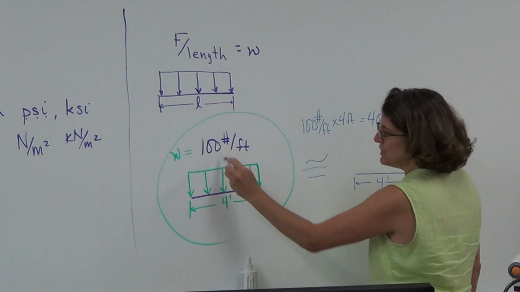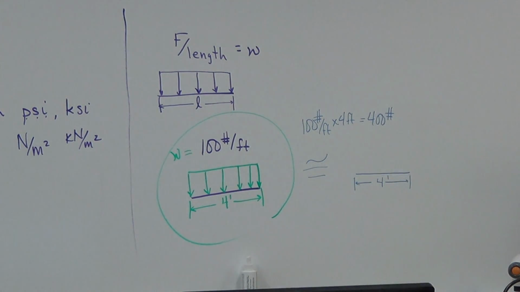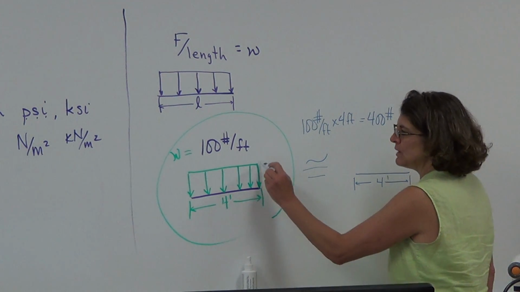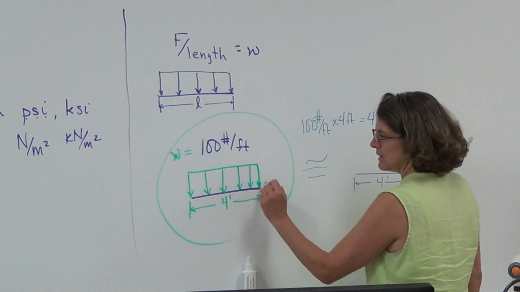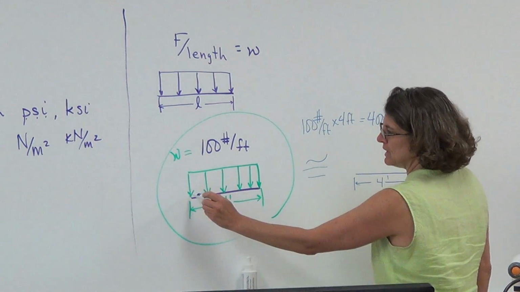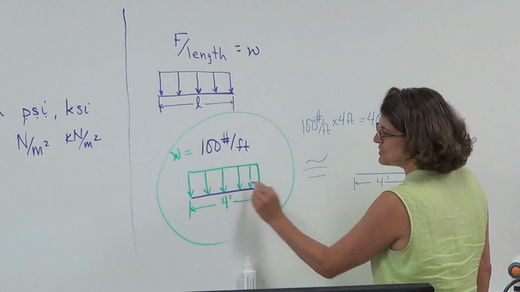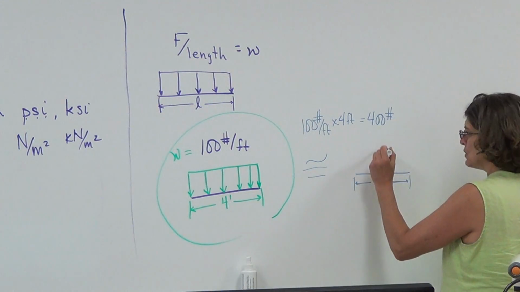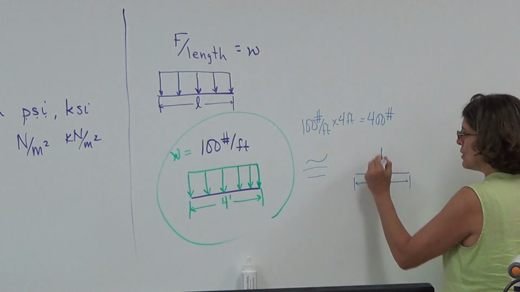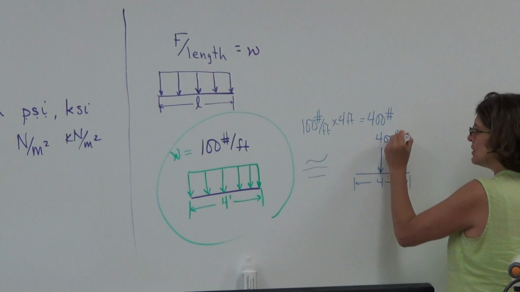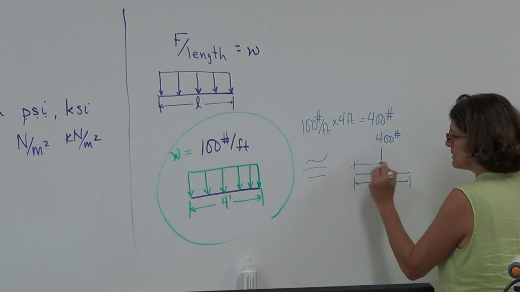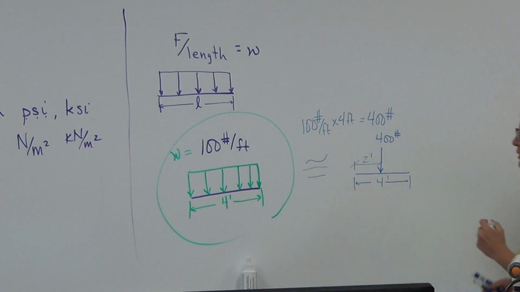So I know that this is equivalent to a point load of 400 pounds. But where should I put that 400 pounds? Well, we're looking at a rectangular area in a way. It's spread evenly. The force is spread evenly over this. So wouldn't it make sense that this 400 pounds should be in the center here? In a way, we're looking at centroid.